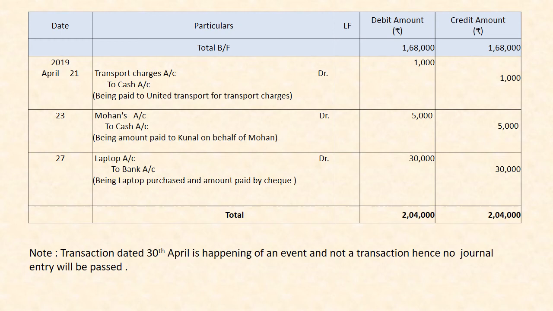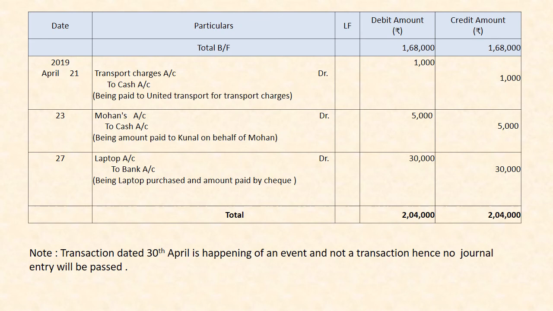Move to the next transaction dated 27th April. Purchased laptop of rupees 30,000 and paid by check. What will be the journal entry? Laptop account debit 30,000 to bank account 30,000 because laptop comes in, therefore laptop account is debited and bank is giver, so bank account is credited.